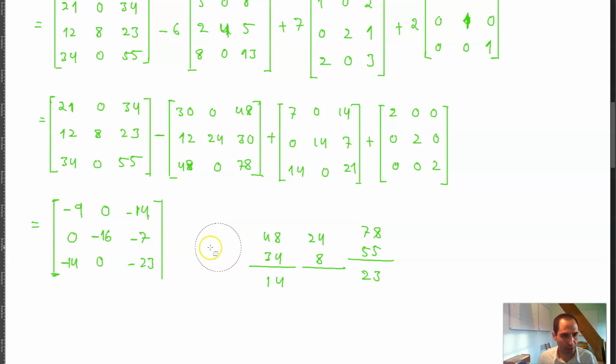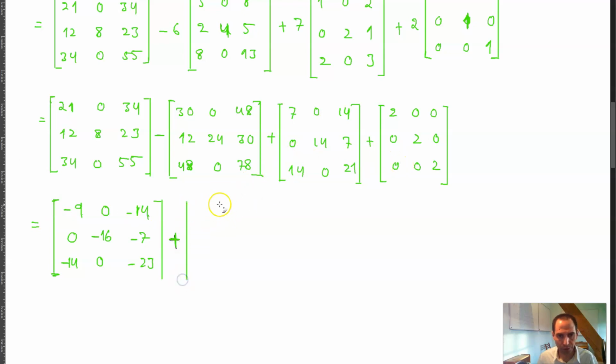Then you need to add this to those two matrices. So plus this matrix, and this matrix. So 7, 0, 14, 0, 14, 7, and 14, 0, 21.